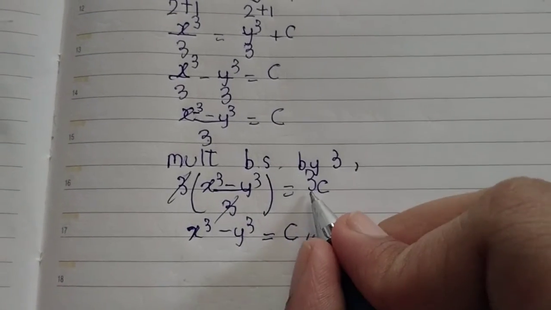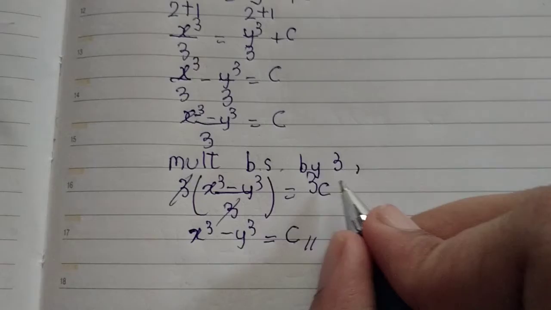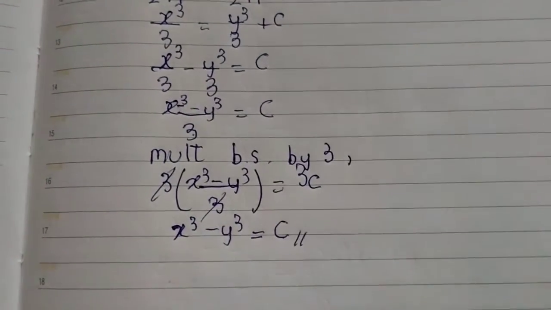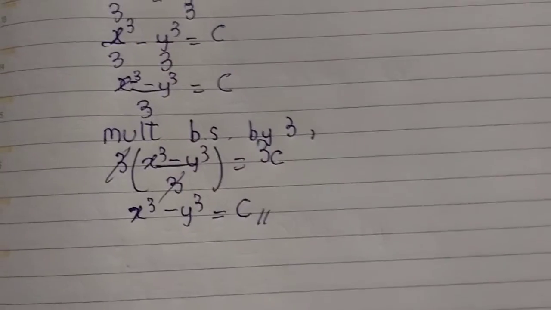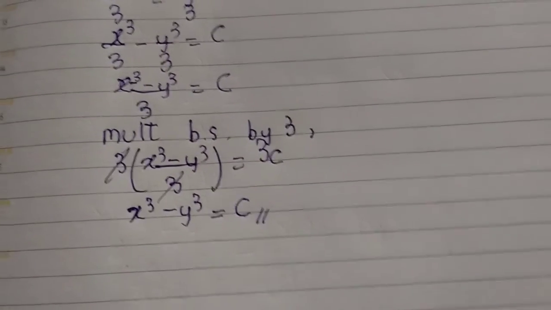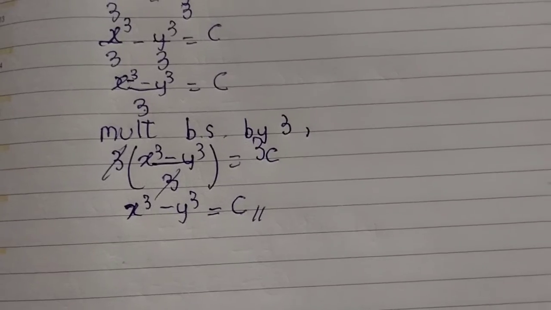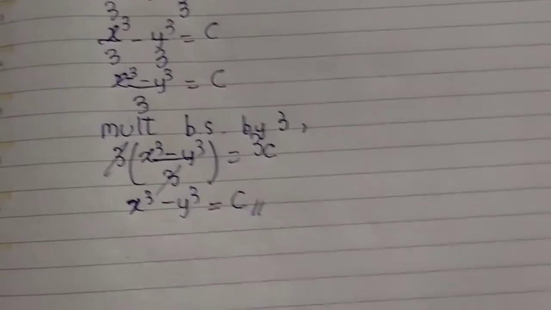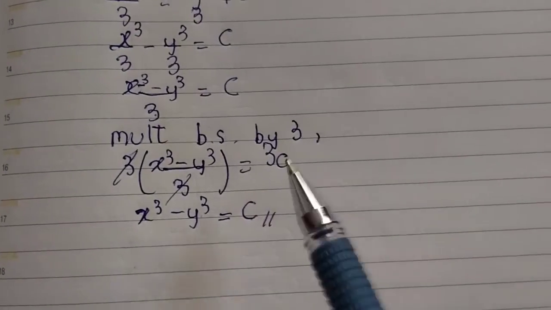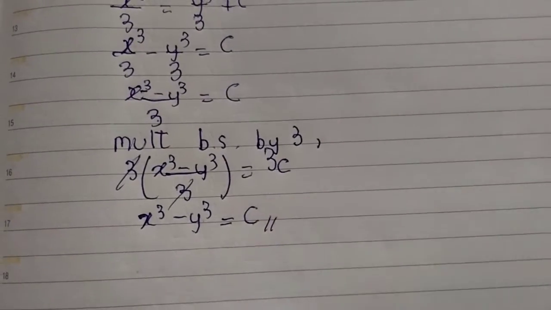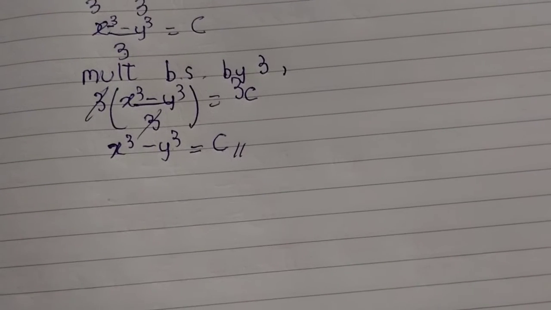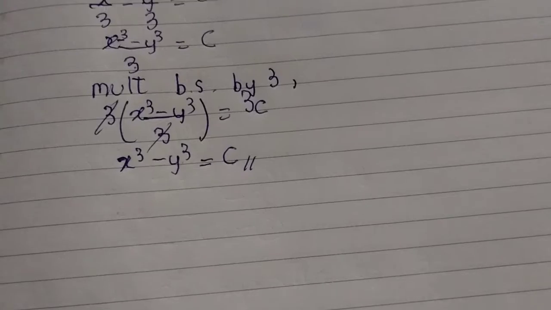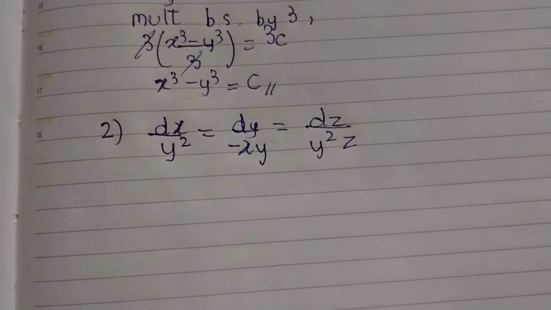This is the final answer, because 3c, 3 multiplied by any constant value, will be some value which will finally be a constant. If we multiply or divide by a constant, the final will be a constant. Or if we add or subtract a constant, the final answer will also be a constant. Now solving the second question.